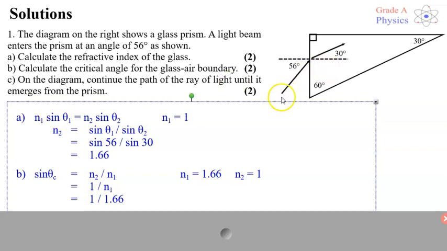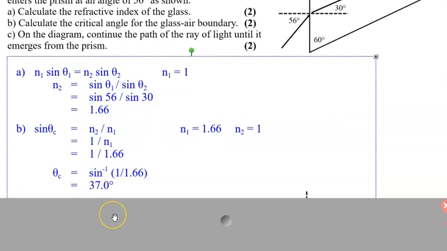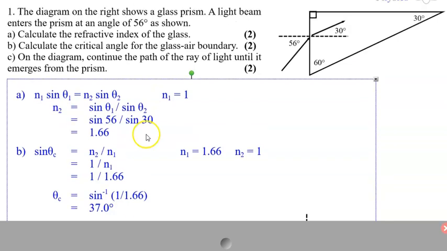So it's not going from air into the material, it's inside the material and trying to escape into air. So N1 is the refractive index of the glass, 1.66. N2 is the refractive index of air. So once we've got them the right way around, then we can find a value of 37. Sounds about right. We typically would expect it to be around about 40 degrees.